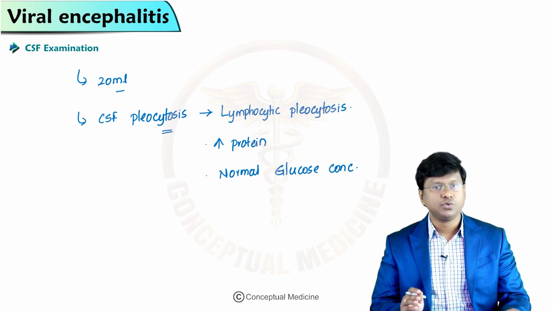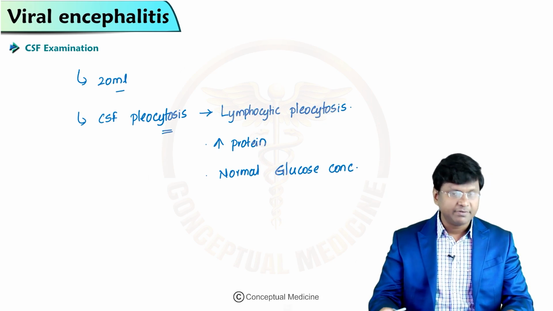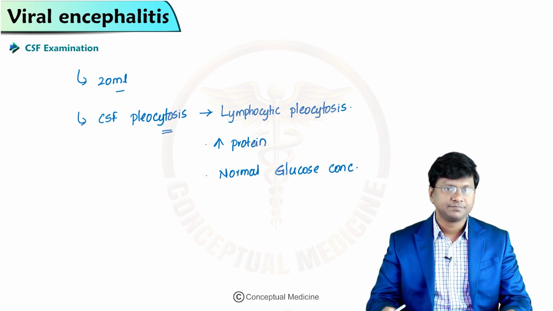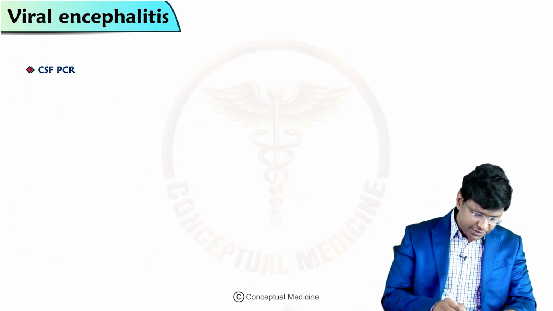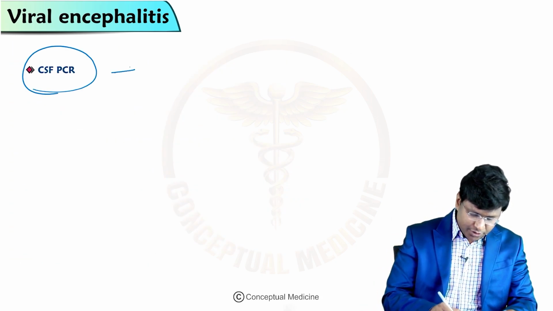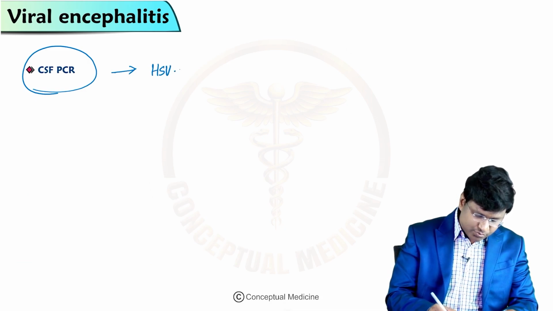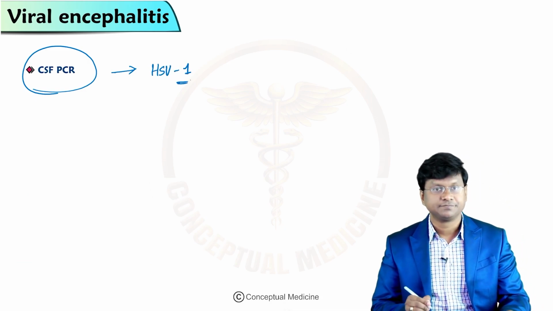So that will be the CSF examination in patients with viral encephalitis. And you need to do CSF PCR in order to pick up the herpes simplex virus 1 organism.